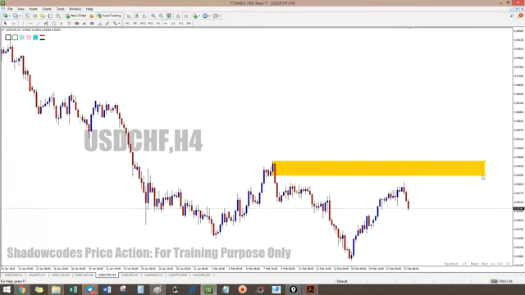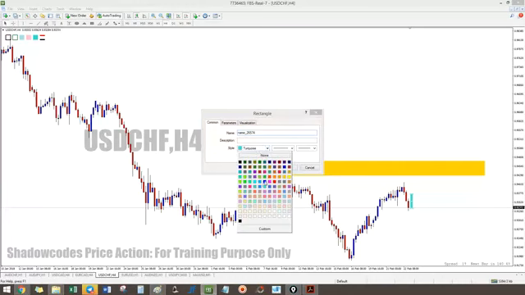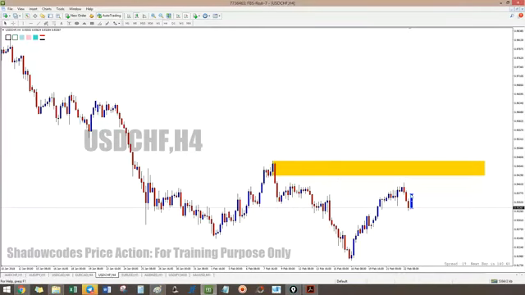All right. For example, price does something like this. Price is moving. I think I need to do something like this. For example, you go very fast like that, and then it rejects. It stops right here.